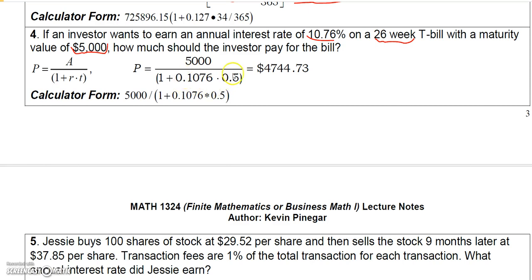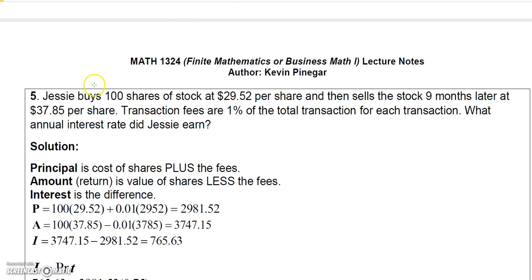Then calculate that, and you get that the principal that should be paid for this treasury bill is $4,744.73. And so that's how you solve that problem.